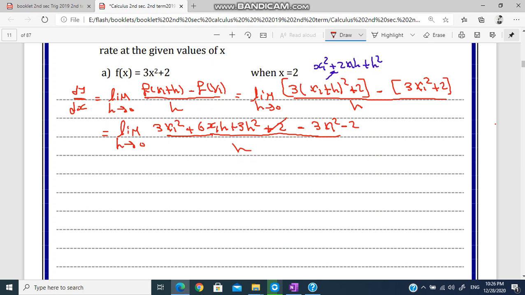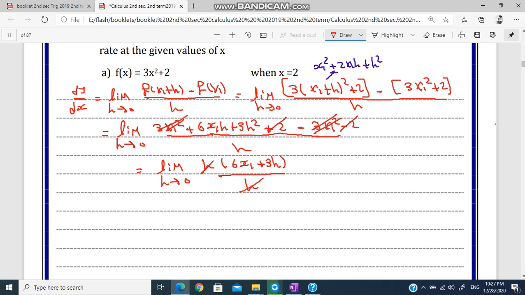Here I will cancel 2 with 2 and 3 x1 power 2 with 3 x1 power 2. So the limit as h approaches 0. Take h as a common factor from the numerator. It will be 6 x1 plus 3h all over h.